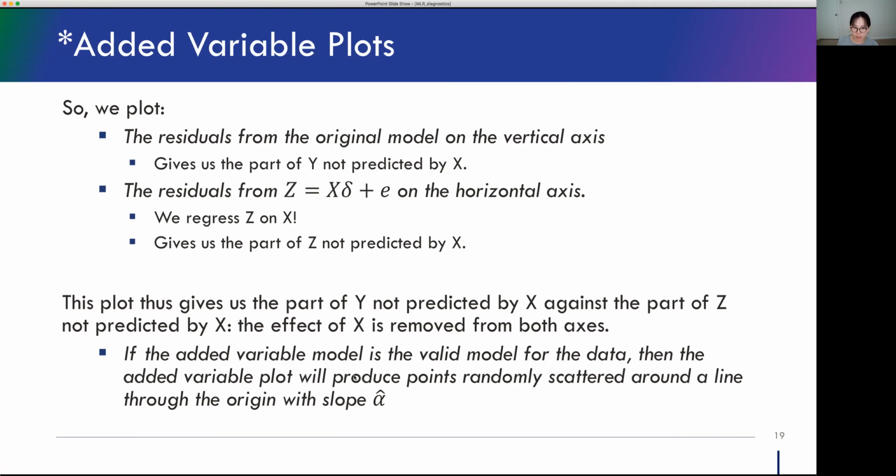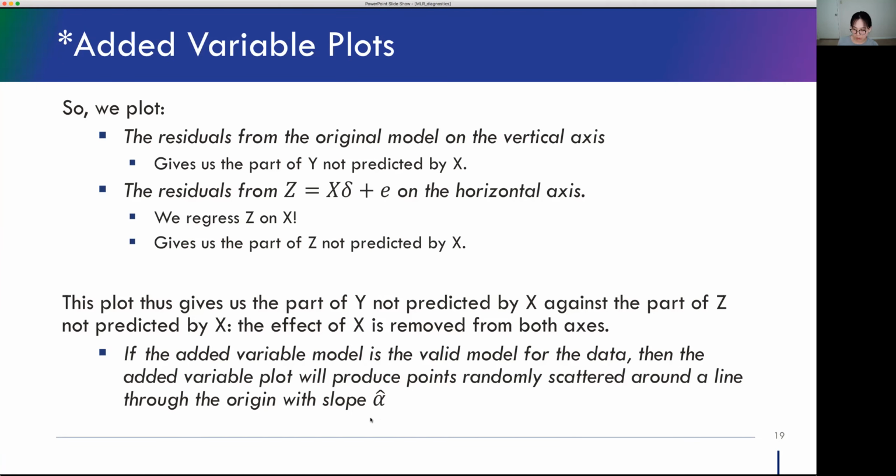So if the added variable plot is the valid model for the data, then the added variable plot will produce points randomly scattered around a line through the origin with slope alpha hat. Basically, those added variable plots will show you how much effect is left for z to explain y.